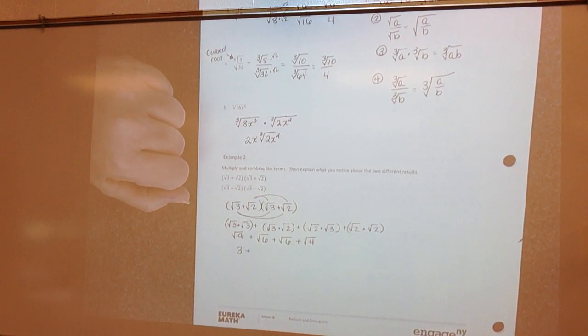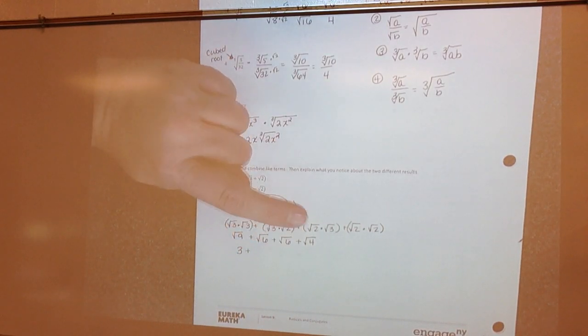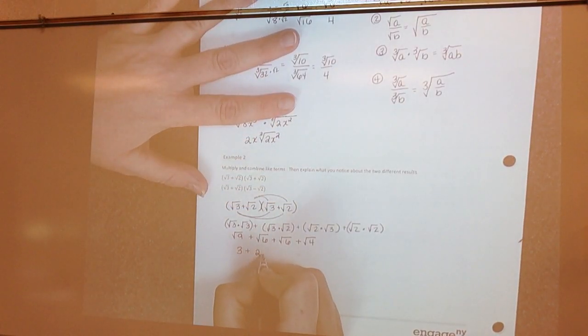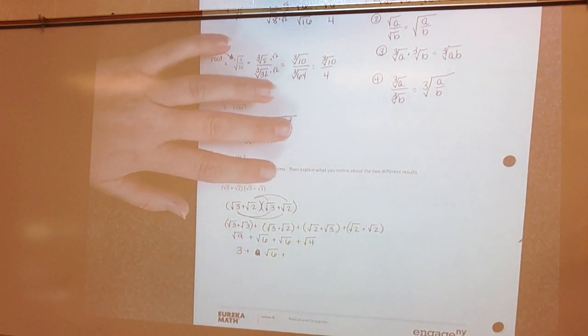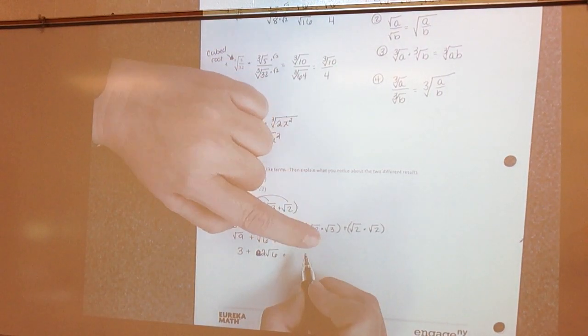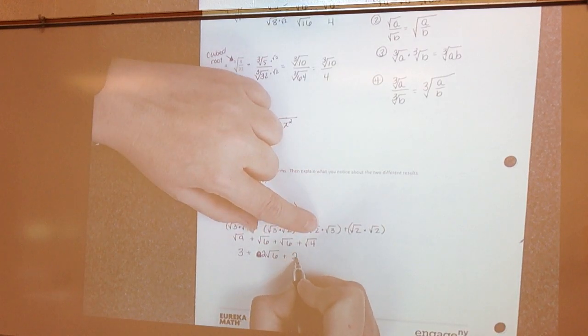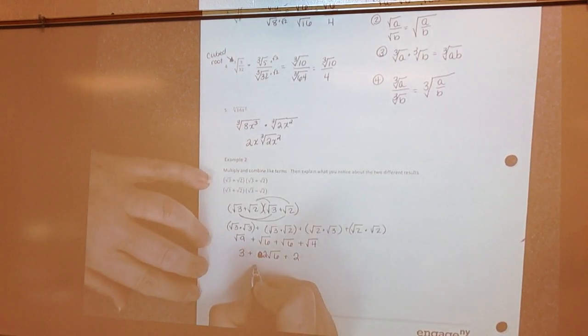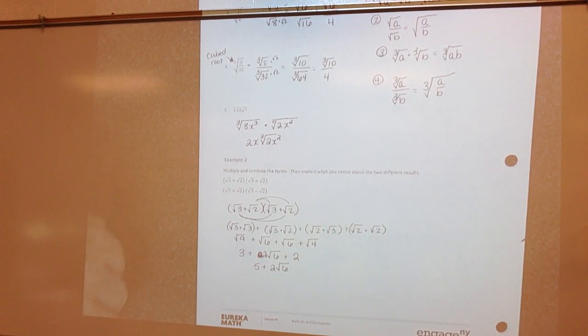Plus, I have the square root of 6 plus the square root of 6. How many do I have? I have 2 of them. And the square root of 4 is 2. So 3 plus 2 is 5, plus 2 square root of 6. I'm finished.